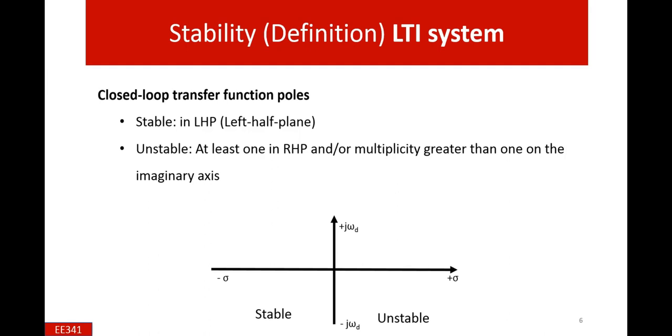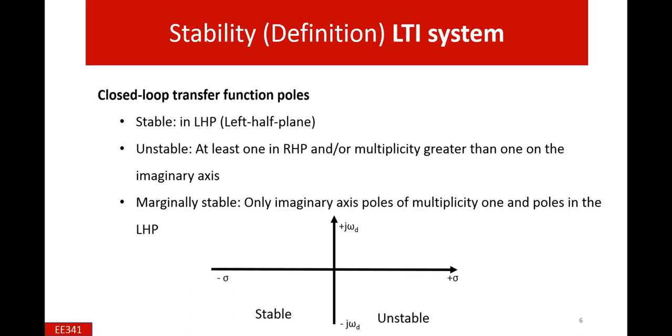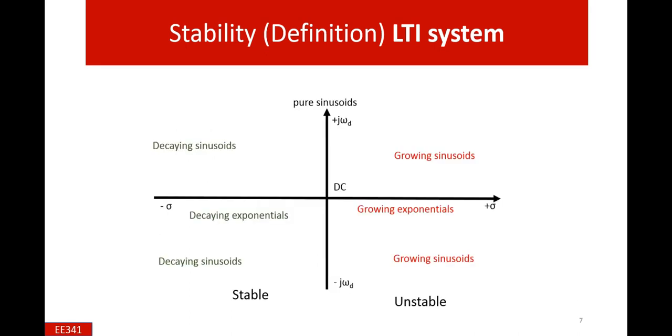If the poles lie on the left half plane, then the system is stable. This is the complete picture of the stability by using the S-plane. The system is stable if the poles lie on the left half plane, and unstable if the poles lie on the right half plane.